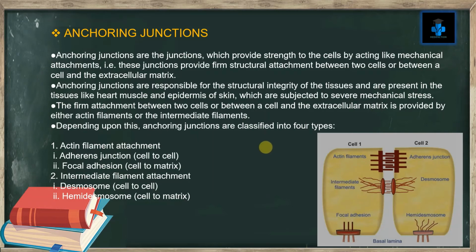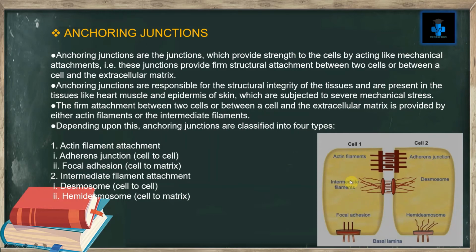The firm attachment between two cells or between a cell and the extracellular matrix is provided by either actin filaments or the intermediate filaments. Depending upon this, anchoring junctions are classified into 4 types. Number 1, actin filament attachment.